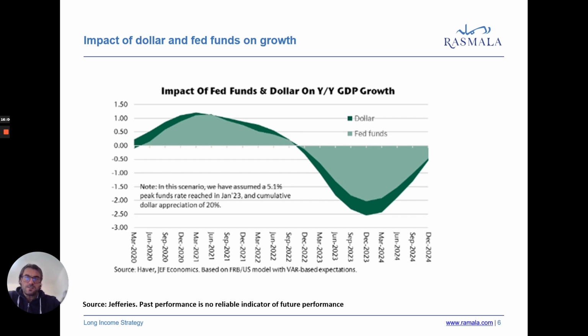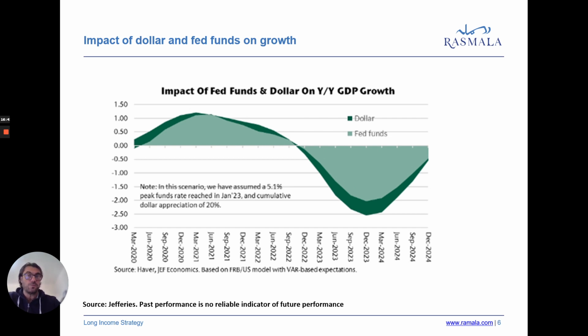What Jefferies does is add the impact of the Fed funds to the impact of the dollar, because a strong dollar has a tightening effect on the US economy. First of all, it lowers the cost of imports, but it also reduces the revenues that exporters make when they sell overseas.